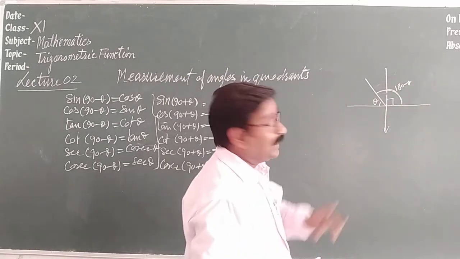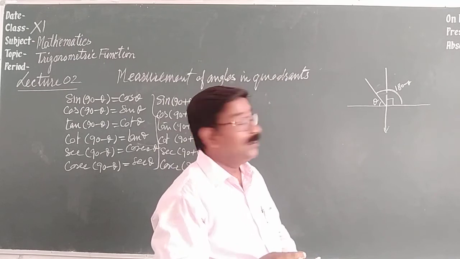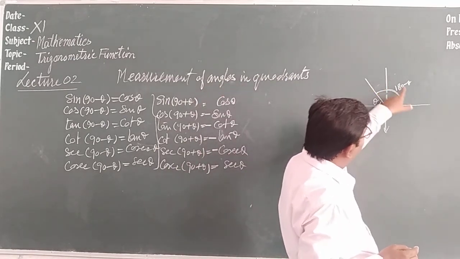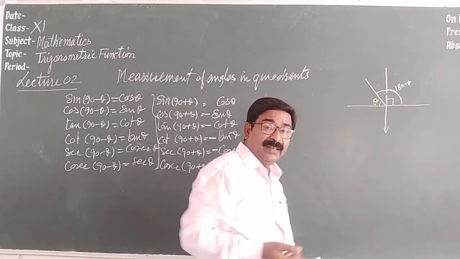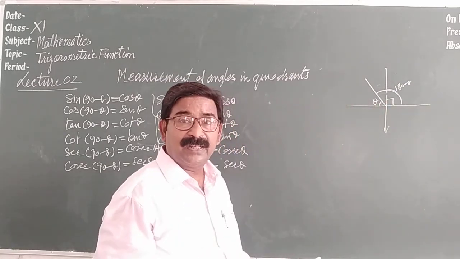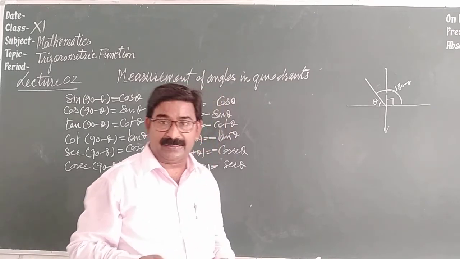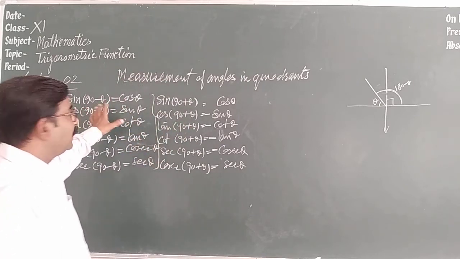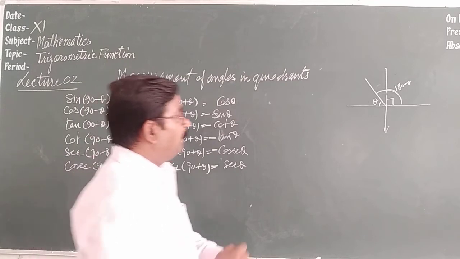See, the line is the same as the previous angle. Since we have assumed this angle theta, the remaining angle, because it is a straight line, straight angle, is 180 minus theta. So angles are measured in two ways: through 90 degrees or through 180 degrees.